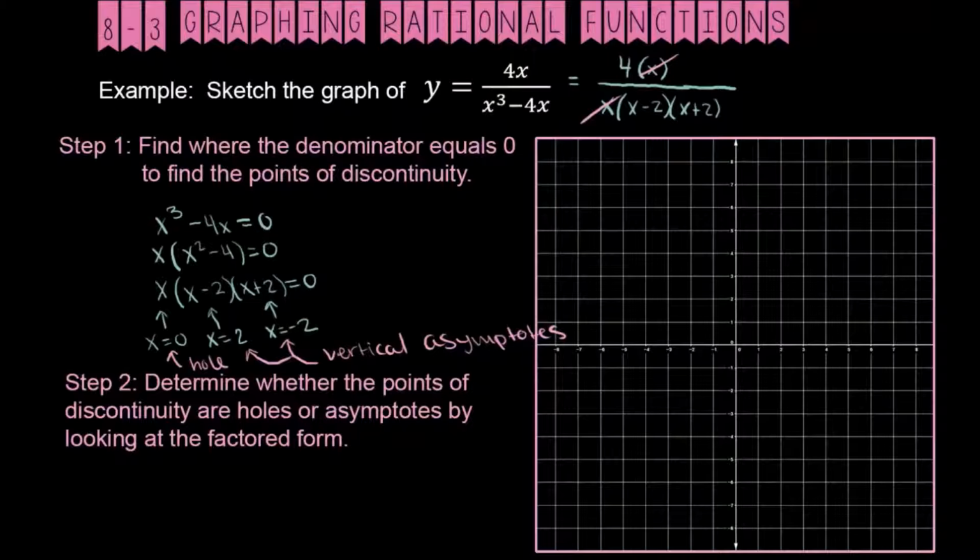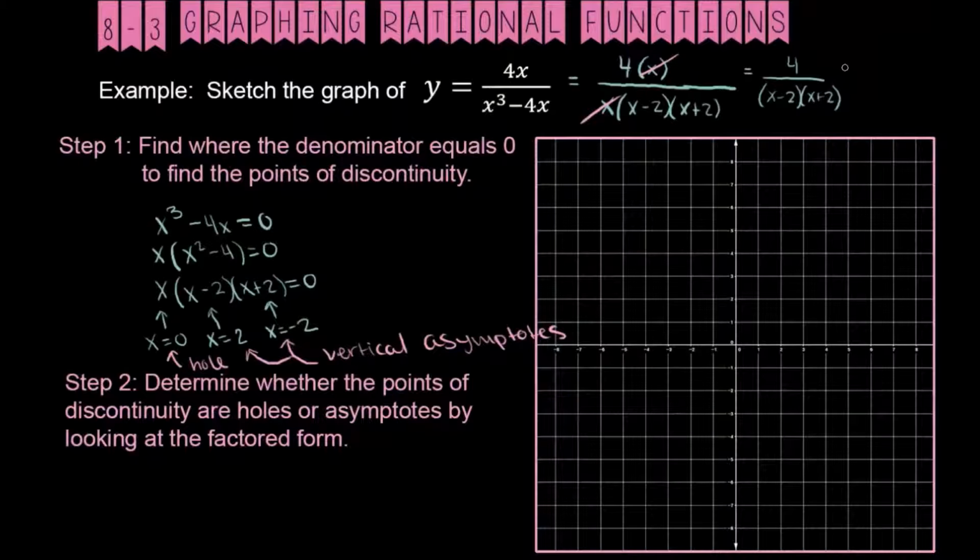So I have a hole at x equals 0. To figure out the actual location of our hole, I am going to come up to this equation and rewrite it without the x's that I canceled out. So 4 over x minus 2 times x plus 2. Then I'm going to plug in x equals 0, because that's where my hole is.